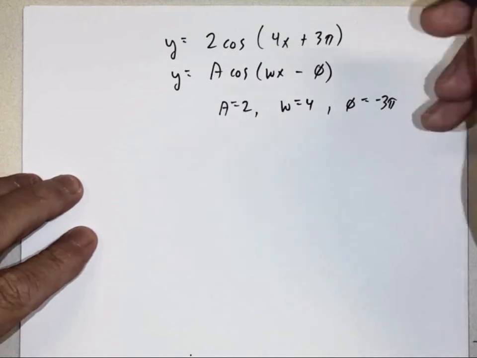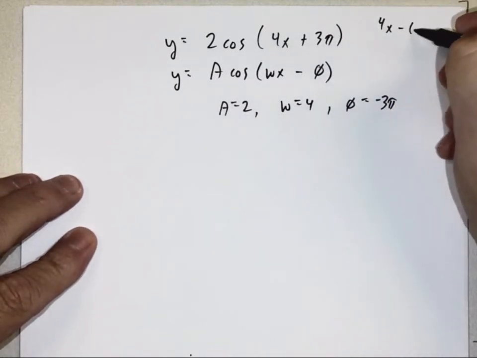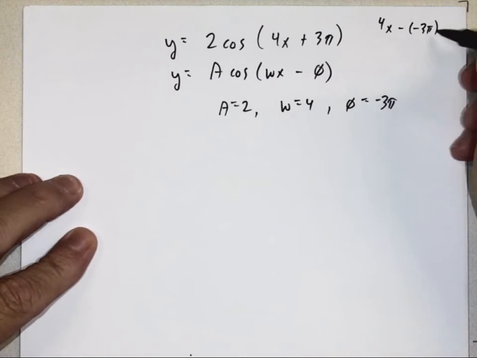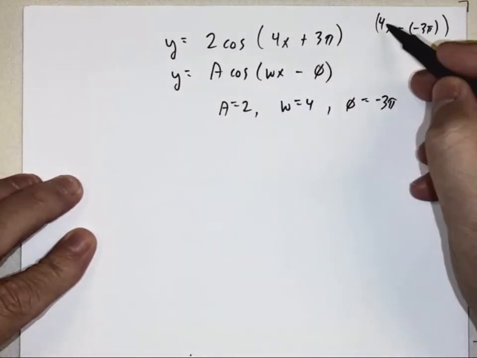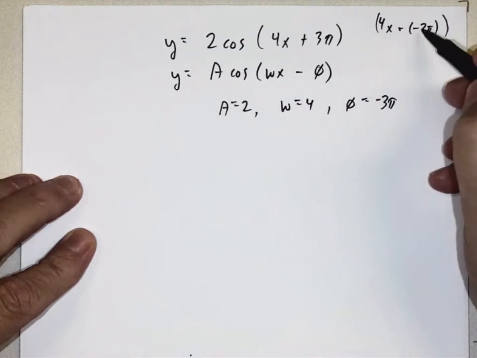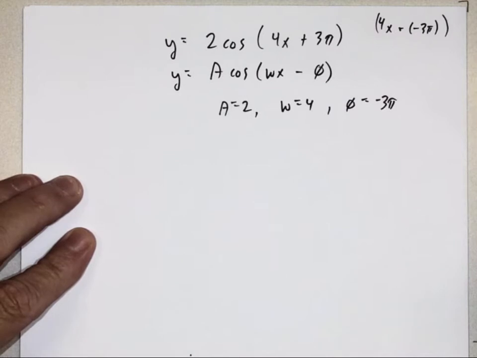I can rewrite this as 4x minus a negative 3 pi. In other words, I want omega x minus psi, so 4x minus, and what's in here is minus 3 pi, which is my psi.